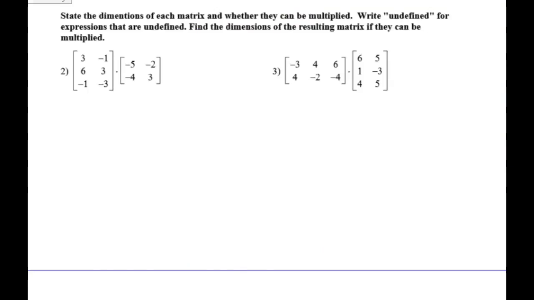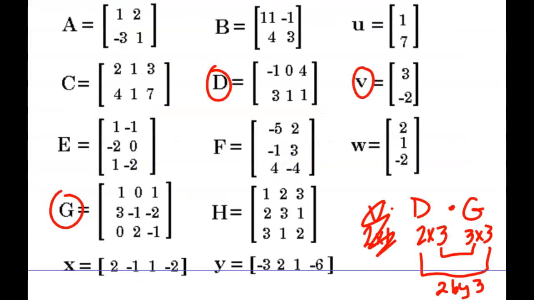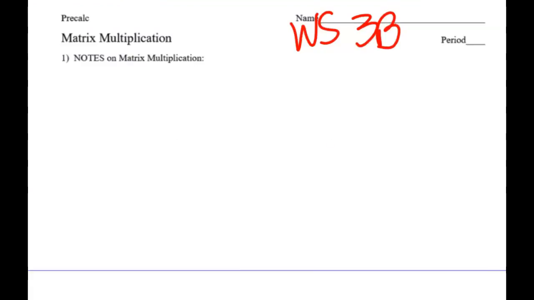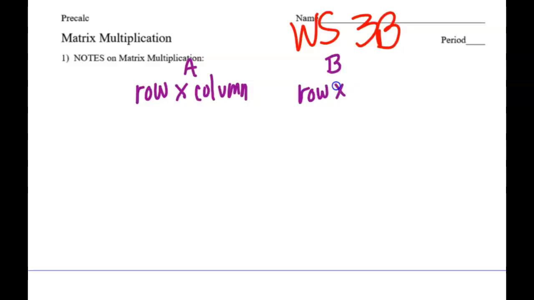So what should we put on this notes page here? We should probably say, row by column for matrix A and matrix B, row by columns.